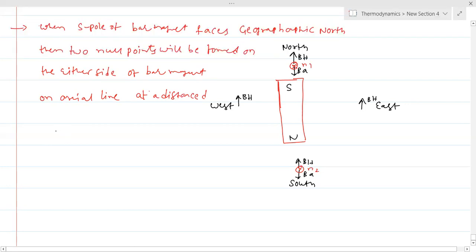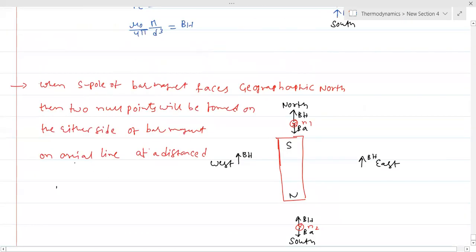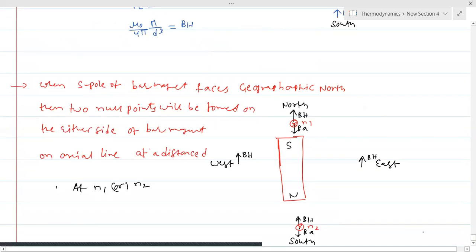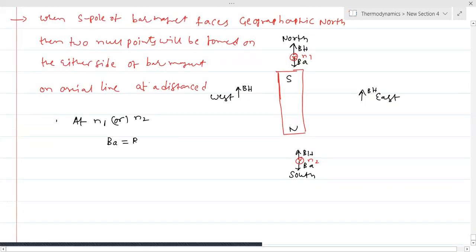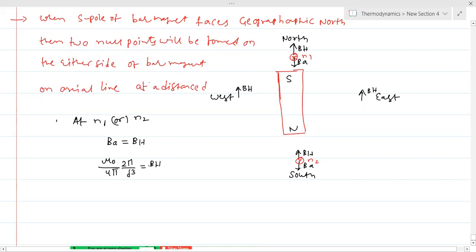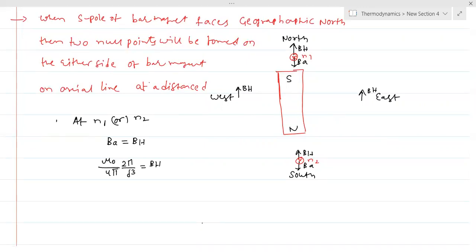So at N1 or N2, we will write B axial is equivalent to BH. That is mu naught by 4 pi into 2m by d cube is equivalent to BH. Okay, so this is everything about null points.